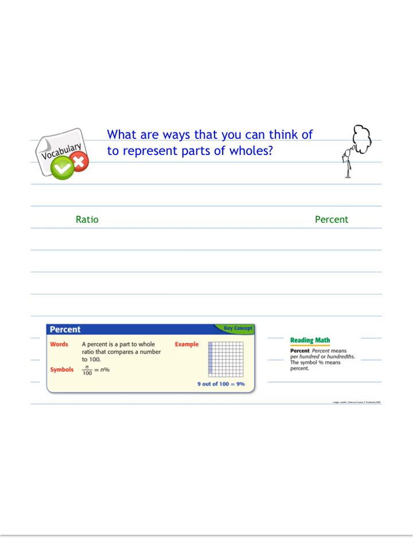All right, some things to think about here. What are ways that you can think of to represent parts of a whole? Well, one of them that you might already know is a fraction. Another one that we use is a ratio, which is comparing two numbers. So for example, if we were to say 3 out of 4 students, or 5 out of 15 people, things like that.